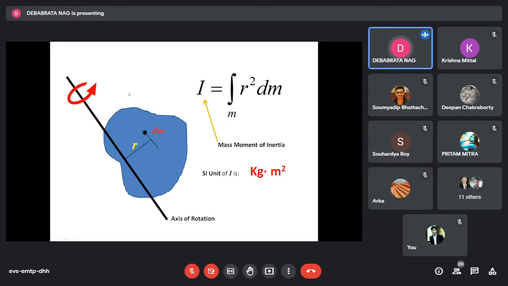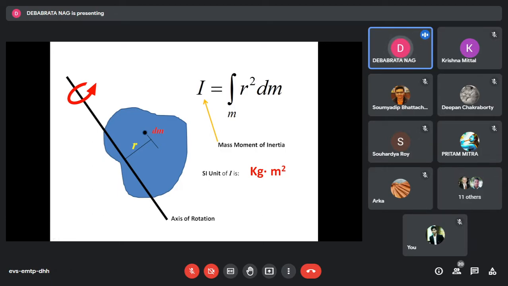Its distance from the axis of rotation should be such that the mass moment of inertia of that single particle about this line is equivalent to the mass moment of inertia of the entire rigid body about that same line. If I place that particle at that distance, then that distance is termed the radius of gyration. So I call the radius of gyration k.